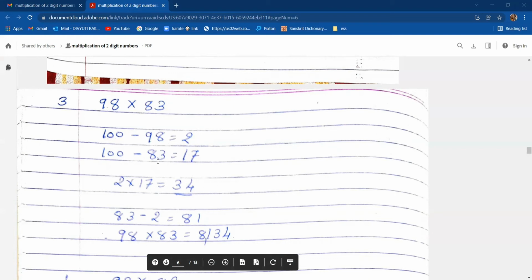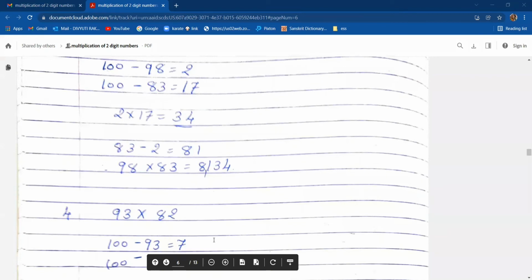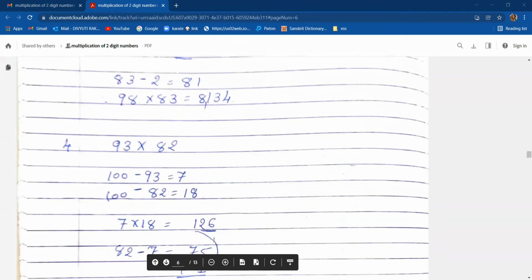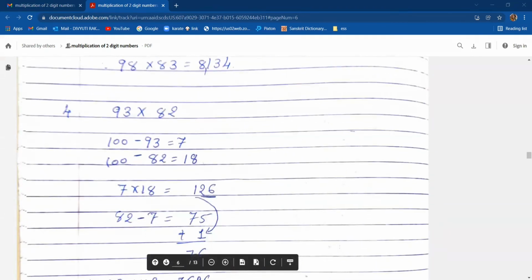So I have written it here, and now here you can see it is very easy to subtract 2 from 83 in comparison to subtracting 17 from 98. So I have chosen this subtraction, 83 minus 2, so it will be 81, and the final answer will be 8134. So I think now you all understood what we have done.